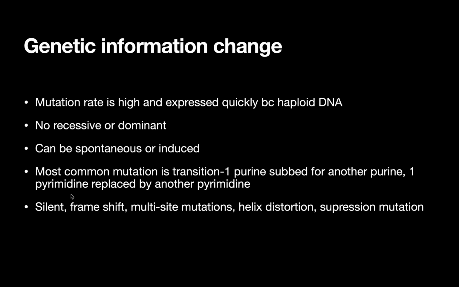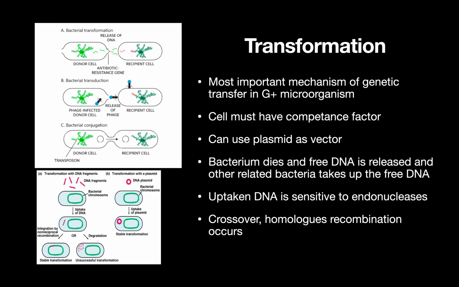And the most common mutations are point mutations. So transition is when one purine is substituted for another purine, or one pyrimidine replaced with another pyrimidine. And all of these mutations can result in either silent, frameshift, multi-site mutations, helix distortion, or suppression mutation. So transformation is one of the most important mechanisms of genetic transfer in gram-positive microorganisms.